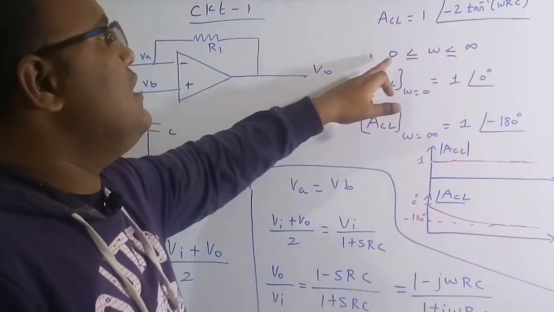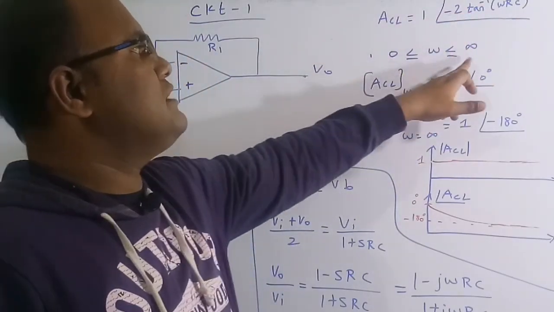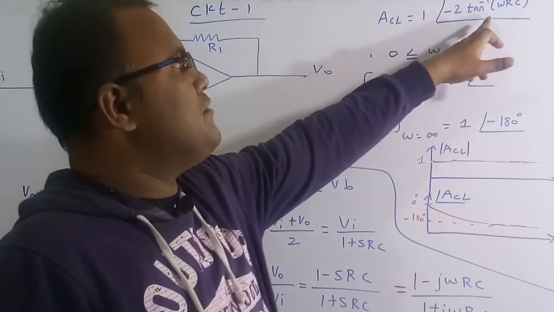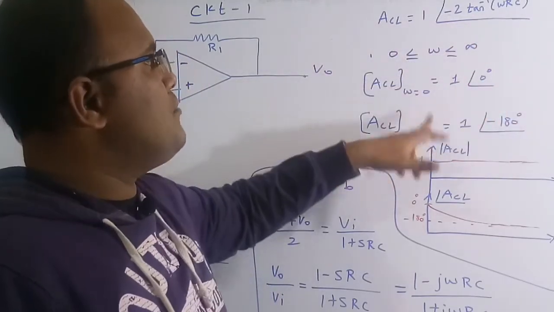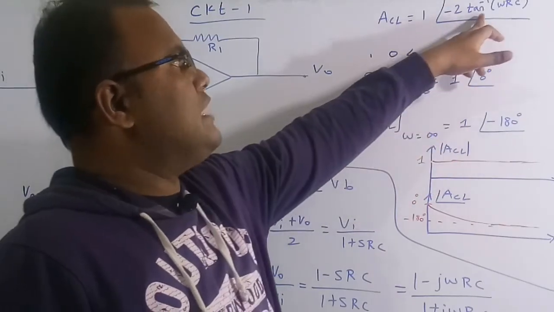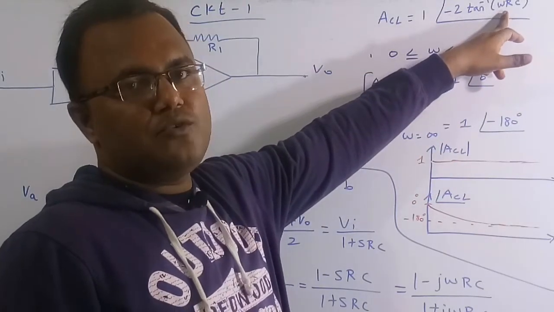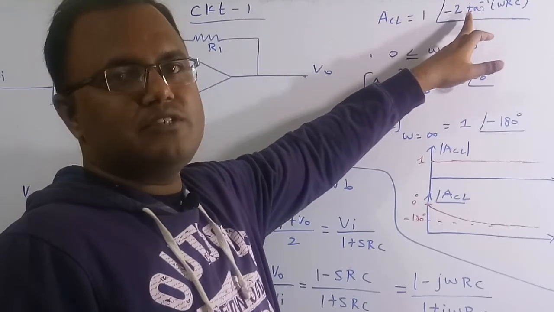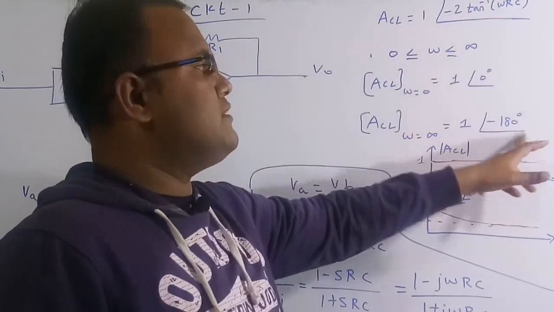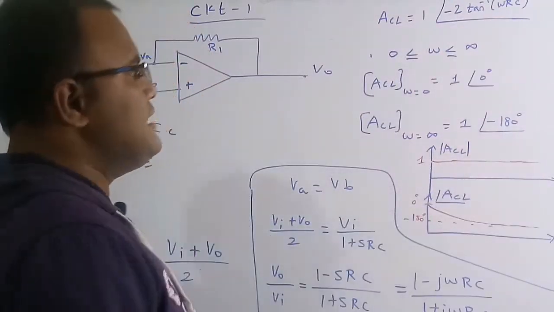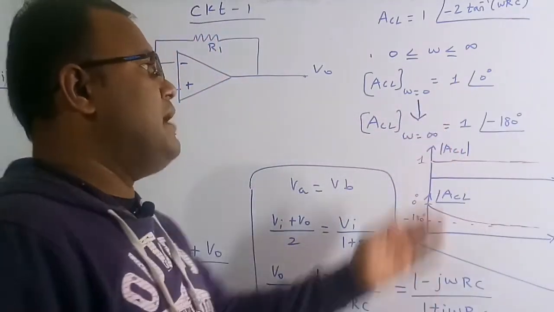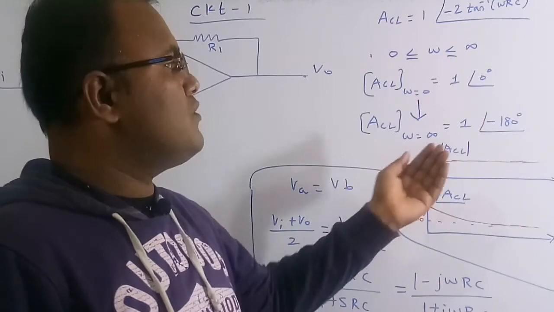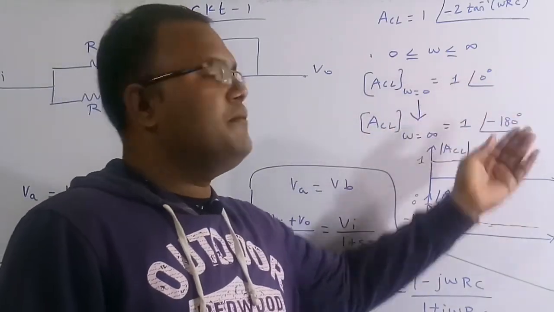So for omega lying between 0 to infinity: if omega is equal to 0, we get 1 at an angle of 0 degree. If omega is equal to infinity, tan inverse of infinity is pi by 2, so pi by 2 into minus 2 is minus pi, meaning minus 180 degree. Whenever omega changes from 0 to infinity, the magnitude is still 1, but the phase changes from 0 to minus 180 degree.